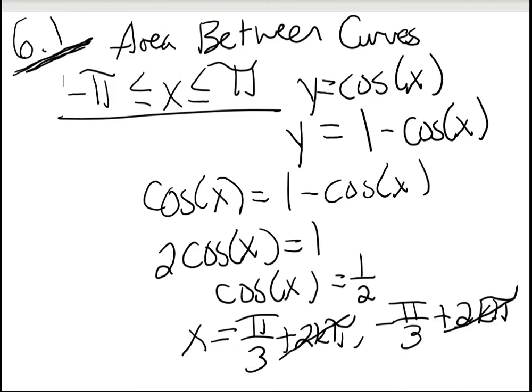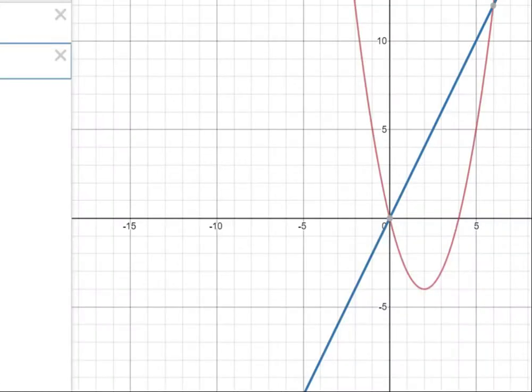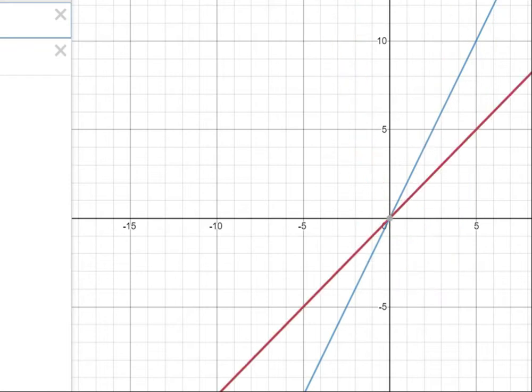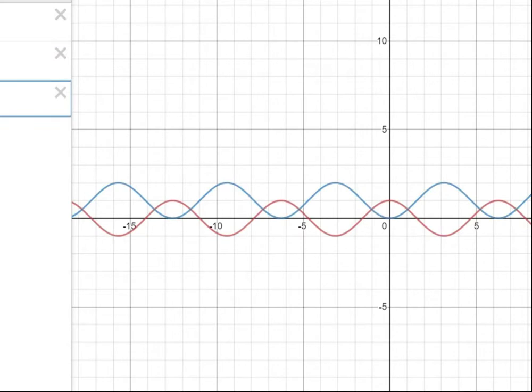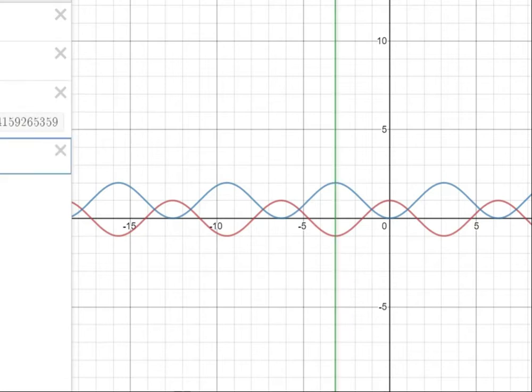But if we're going to find the area between the curves, we need to know which one's on the top and which one's on the bottom. So to do that, we need to graph again. Okay, so back in Desmos, let me change the functions to the ones that we want: cosine x and 1 minus cosine x. Now I'll put in our bounds, x equals negative pi and x equals pi.